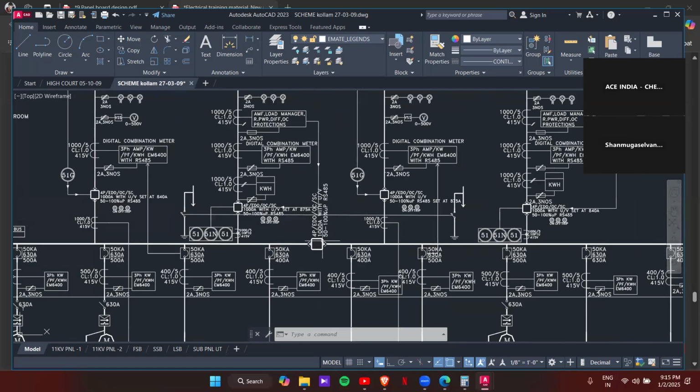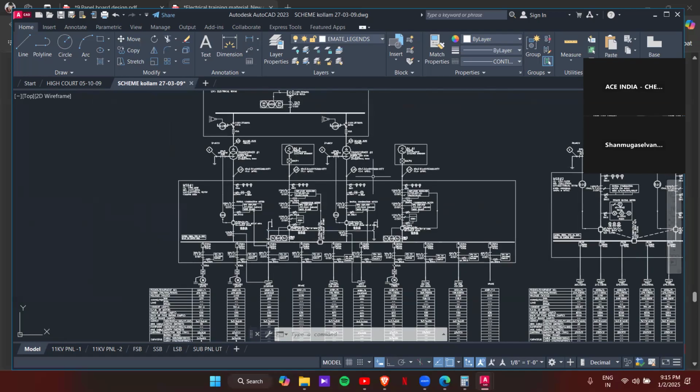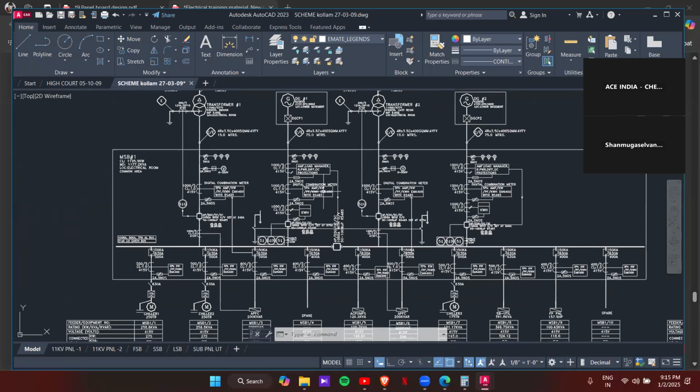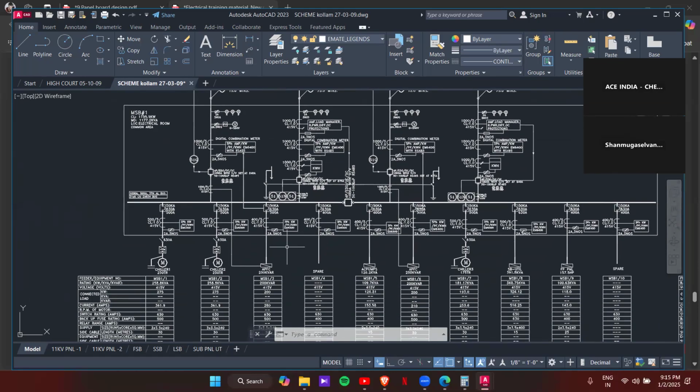So whenever the DG is turned on, this panel will be turned off. So this DG will cover 1, 2, 3, 4 panels, and this DG will cover 1, 2, 3, 4, 5 panels here. So we are actually splitting the bus bar into two parts. But manually we can go and turn it off.